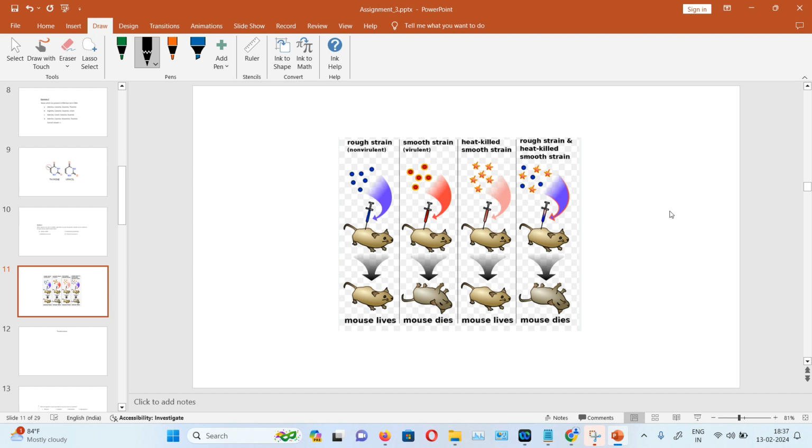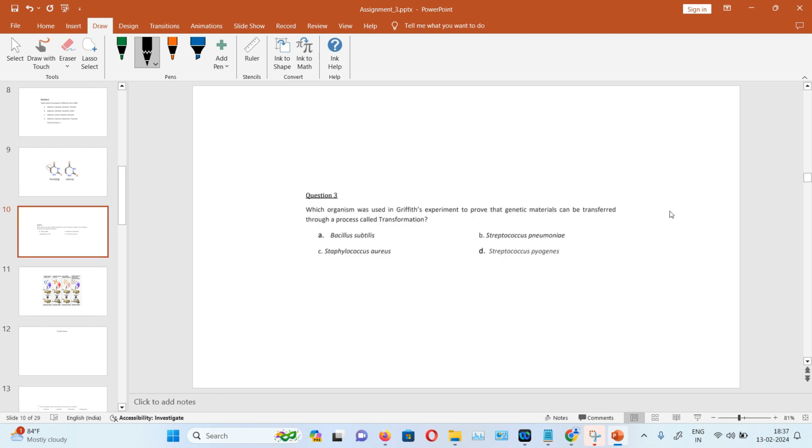Now I will tell what disease they used. They used pneumonia. They introduced a bacteria which causes pneumonia. So from here, you can understand which bacteria they used.